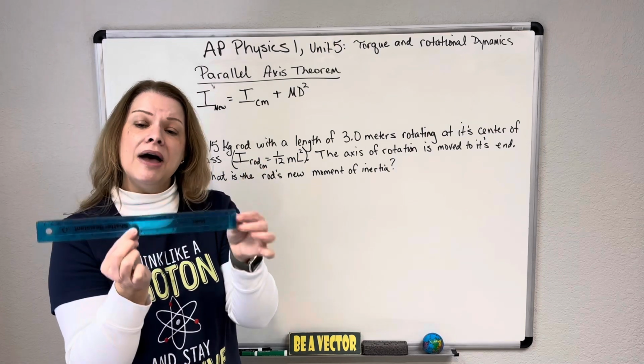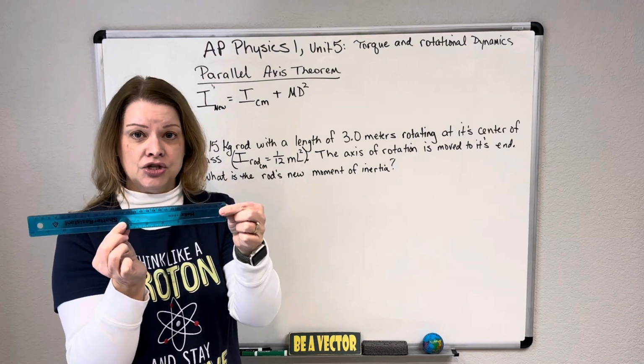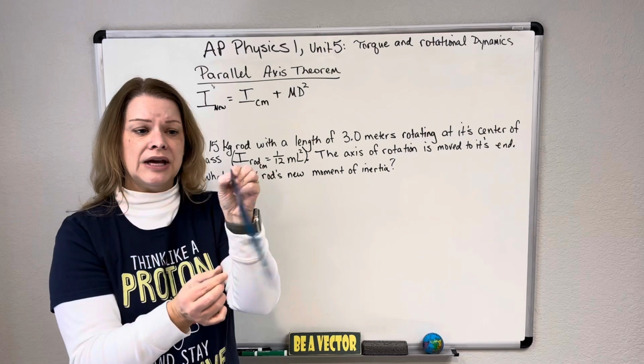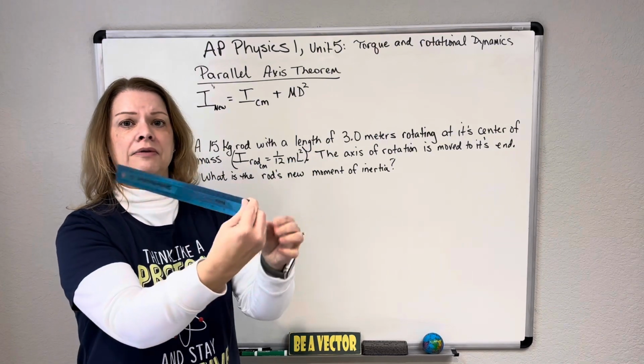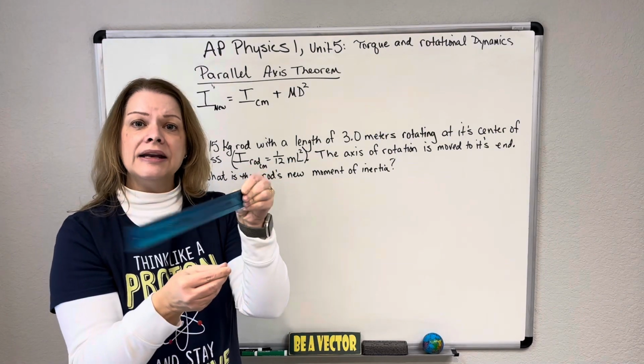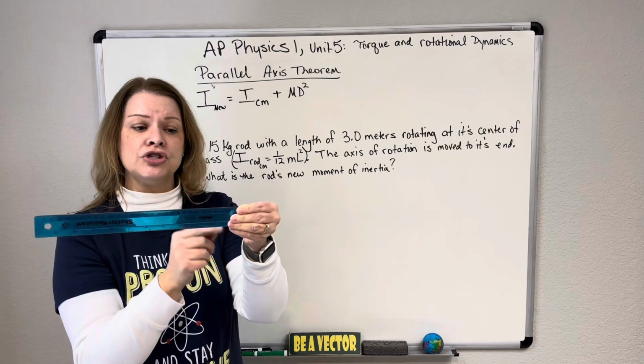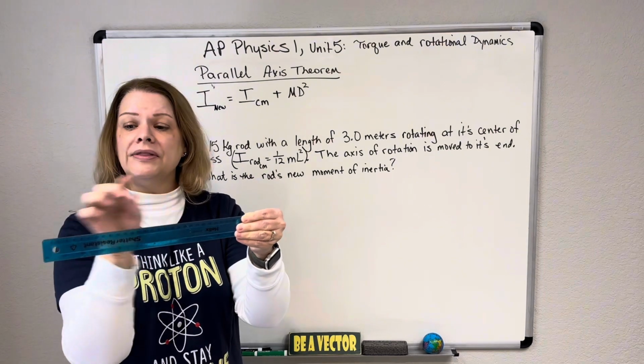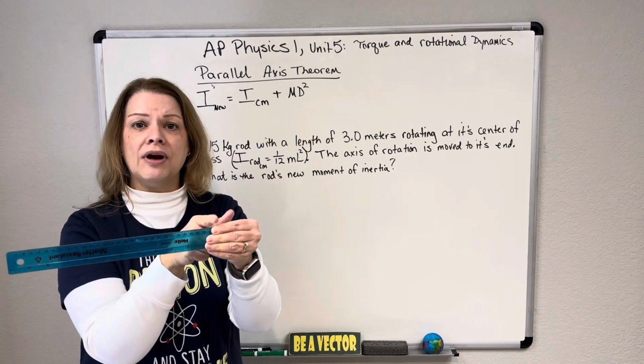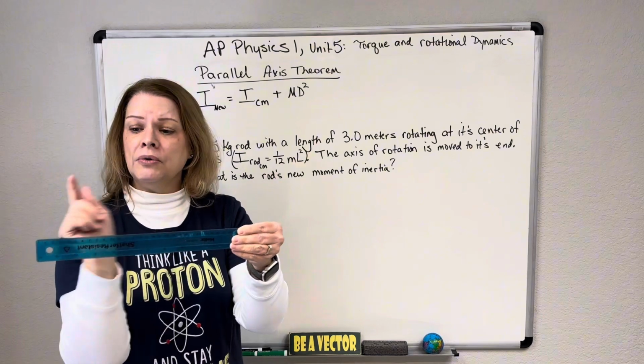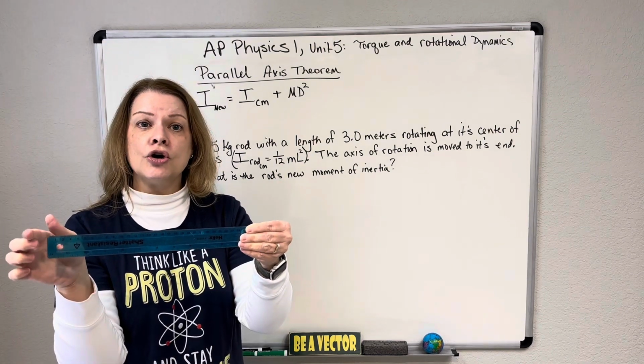However, if I wanted to rotate it like this, all the way around, that is a different moment of inertia. You have more mass at a farther distance from your axis of rotation, so it's actually going to be a larger number.